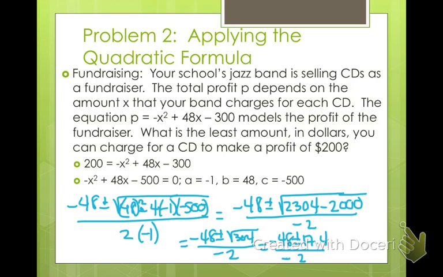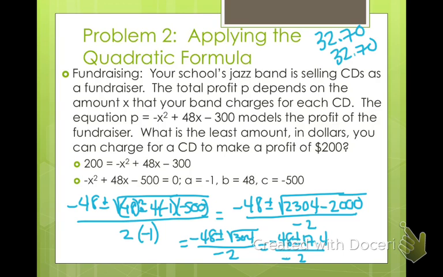I get my first solution is 3270, and negative 48 minus 17.4 divided by 2. Oops, I made a mistake. Negative 48 minus 17.4 divided by 2. Nope, I get 3270 again.